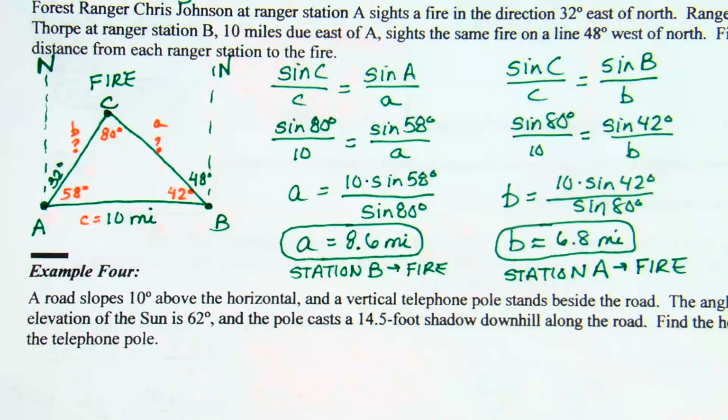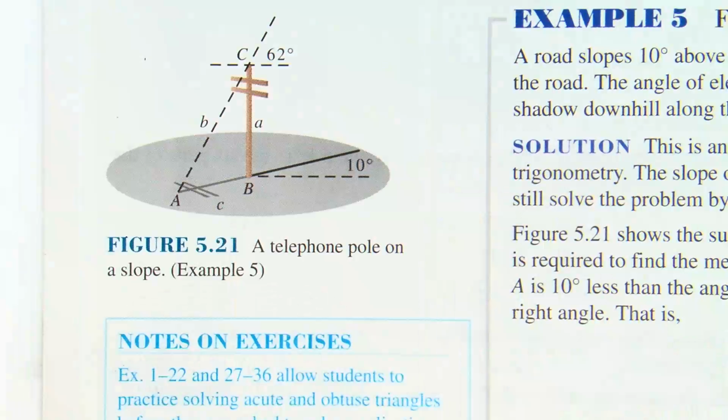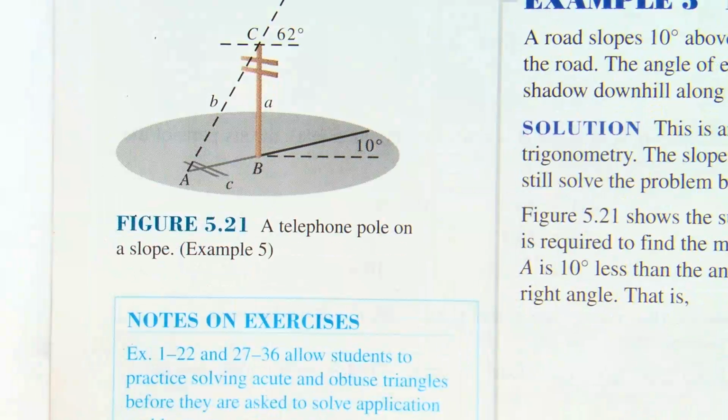I'm going to cheat now. Here's the picture in the book. Can you guys see that? The road slopes 10 degrees above the horizontal, so the road right here has 10 degrees with the horizontal.